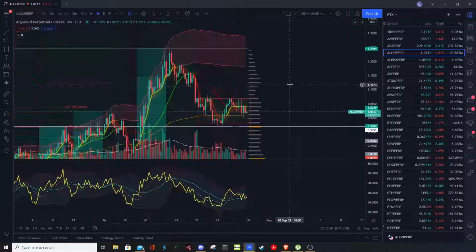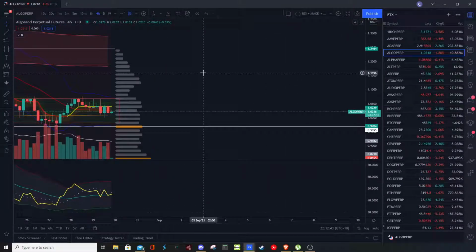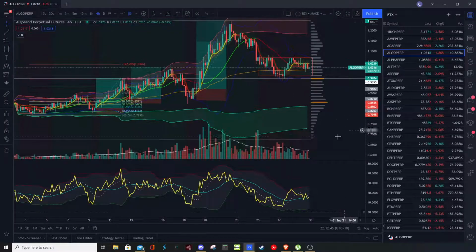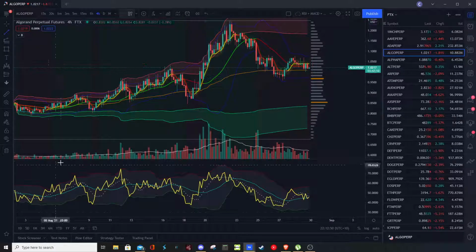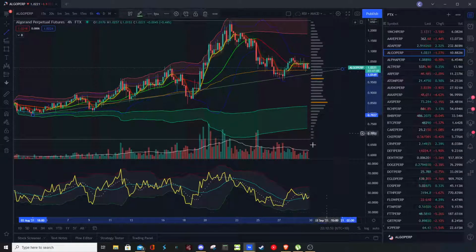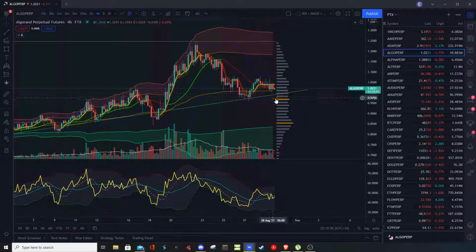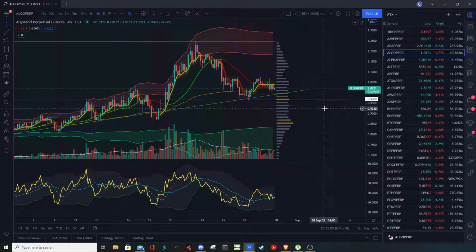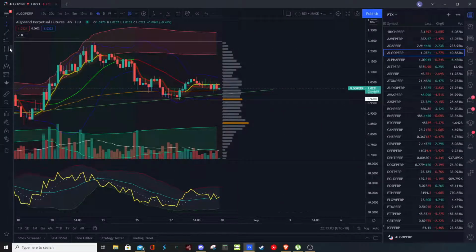So there is some support there and consolidation. Alright, trend line, support, there's my box.